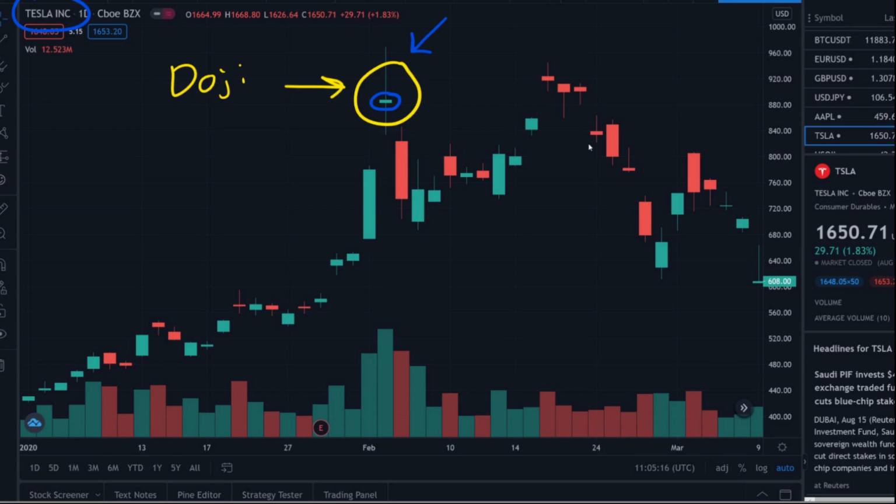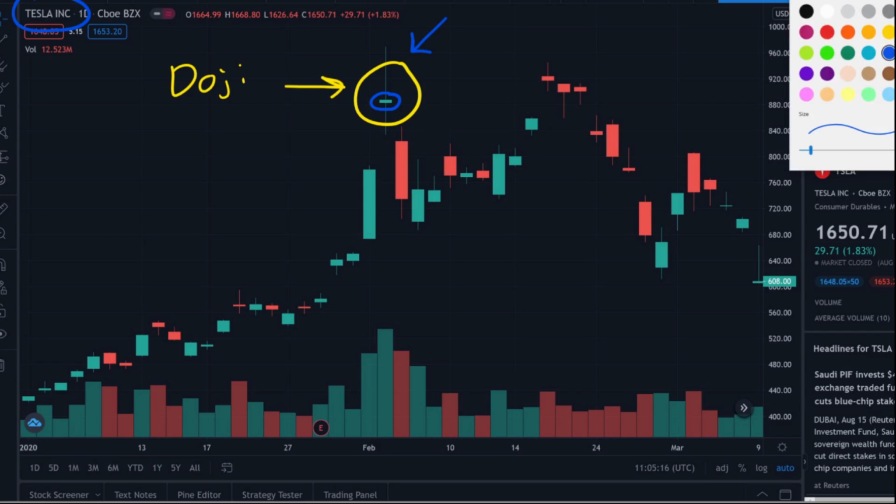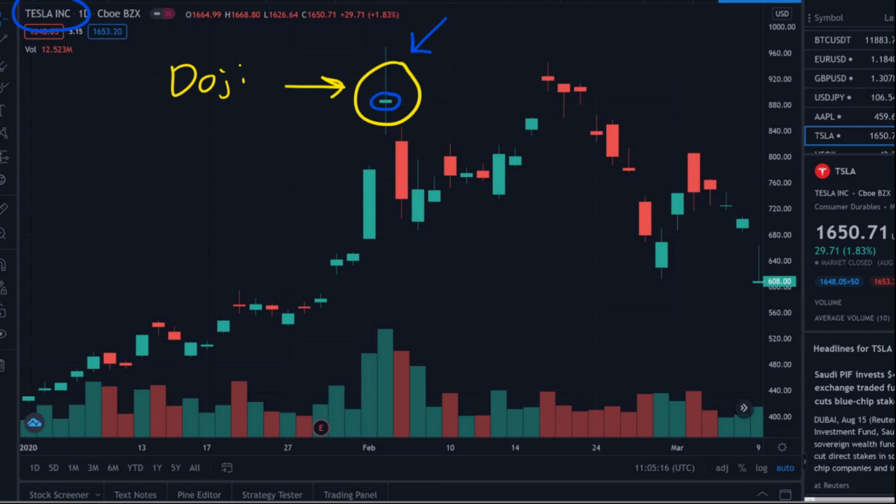But the reason that we can consider this a doji is that if you look at the previous candle here, you can see that we have a very strong move before the doji. That, as we have learned in this video, makes it more acceptable to accept a real body of the doji.